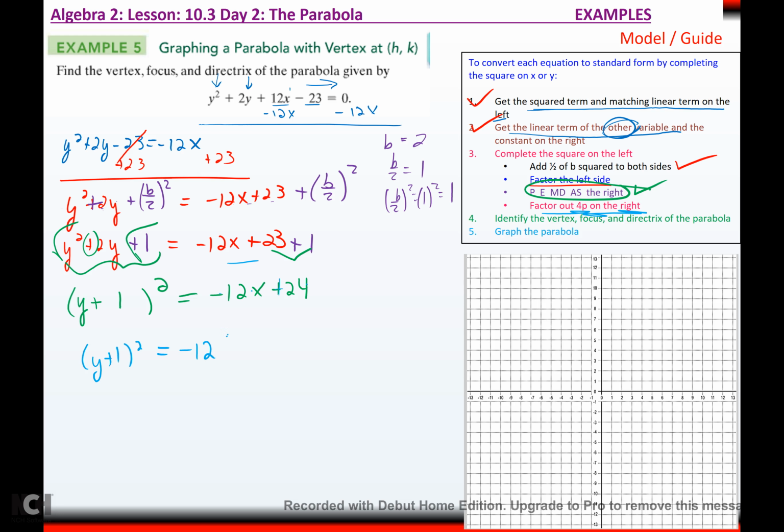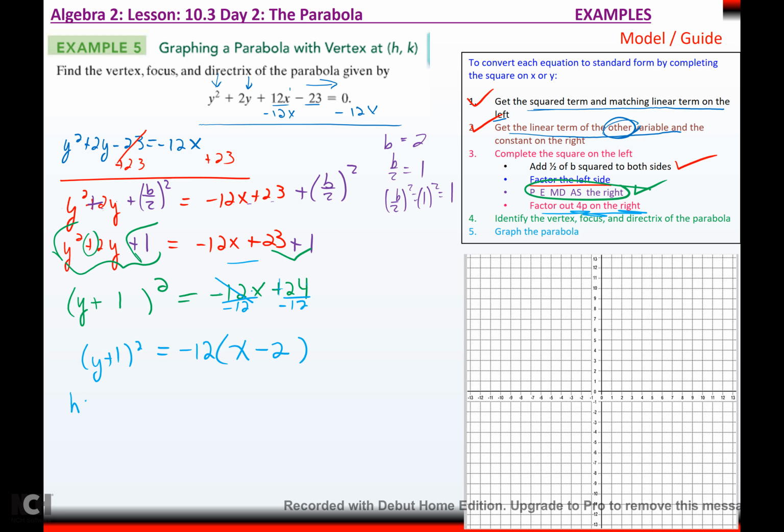So I'm going to factor out a negative 12. If I GCF out negative 12, to get what's left, I divide by it. That's going to give me positive x. 24 divided by negative 12 is negative 2. And there we go. We are now in vertex form, or whatever form they call this.